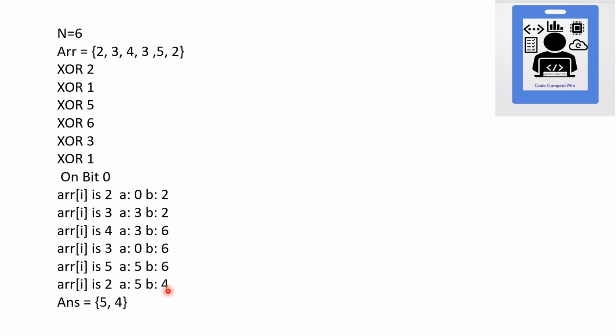So this 5 and 4 denote the elements which didn't appear twice in the array. So at the end our answer is 5 and 4.